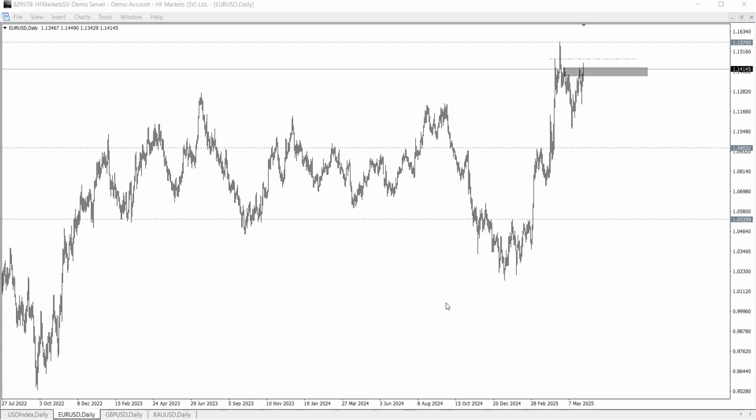So first things first, looking at it from this daily time frame, whether it's on the daily or 4 hours or hourly or whatever, I tend to use what is known as flip zones. A flip zone is an area that has acted as support and then also has acted as resistance. It tends to have that high probability that when price gets there, there should be a reaction.